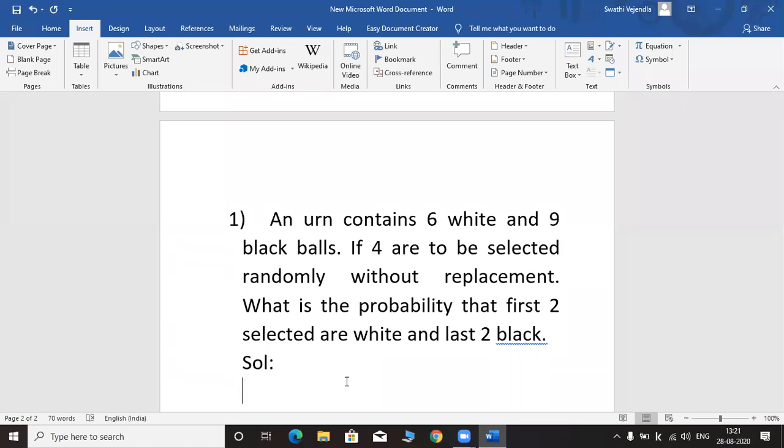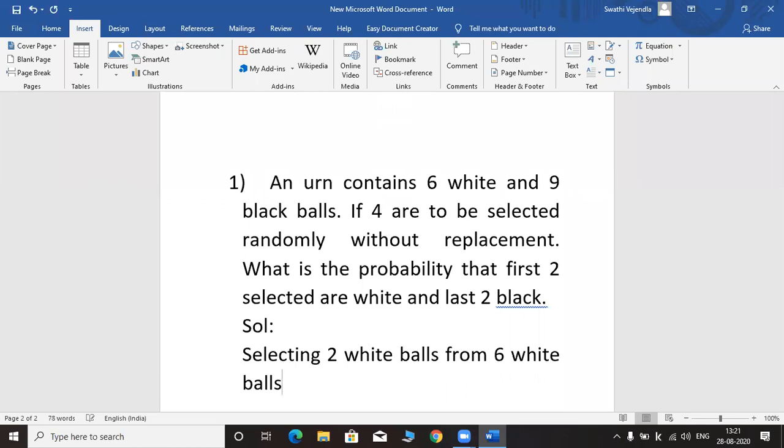So selecting 2 white balls from 6 white balls is equal to how much? How can we calculate?